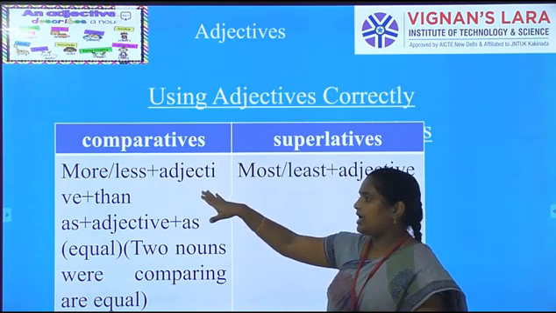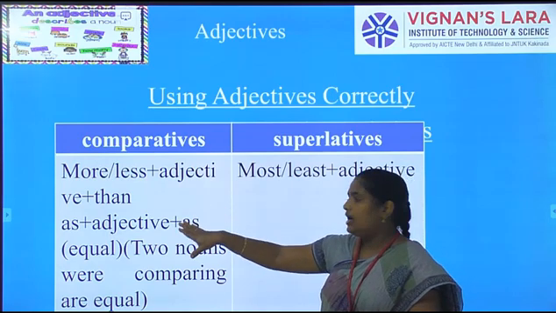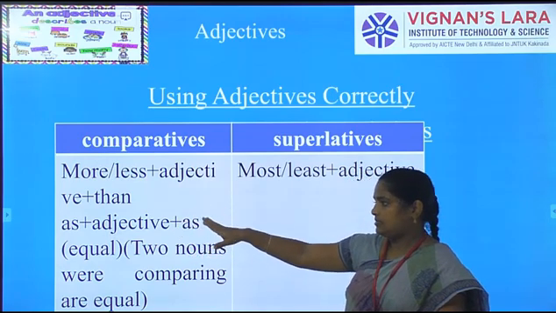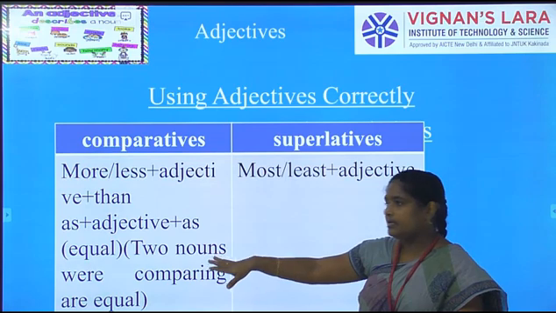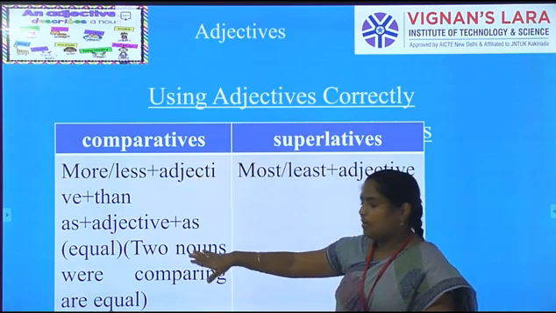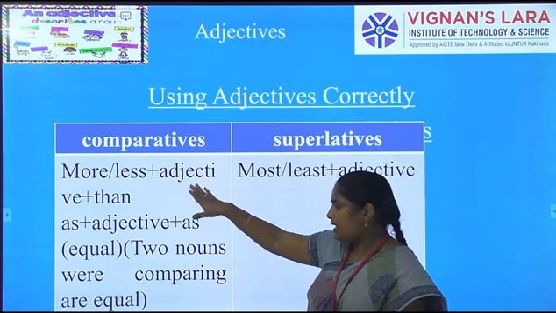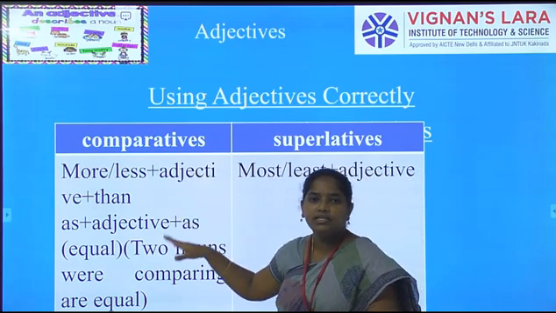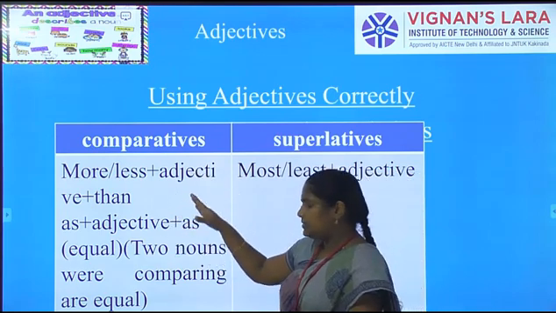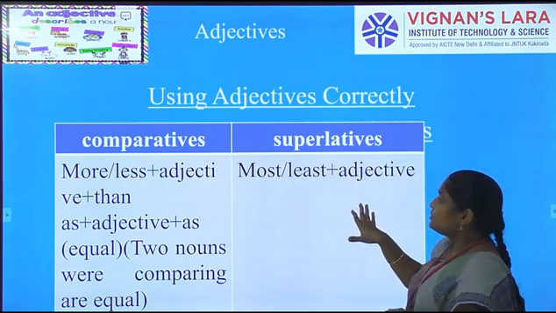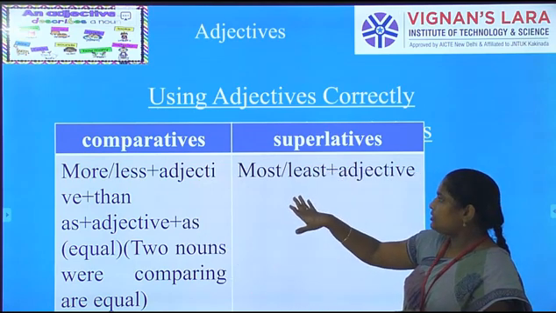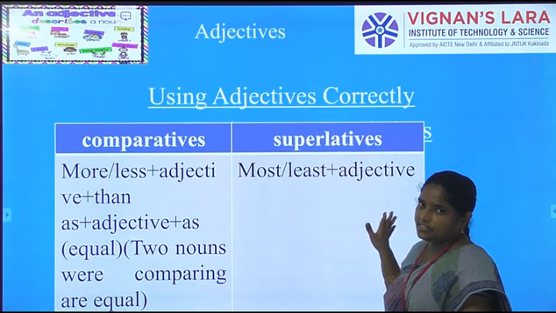For comparatives: more or less plus adjective plus than, or as plus adjective plus as for equal. Here the two nouns we are comparing are equal. For superlatives: most or least plus adjective.